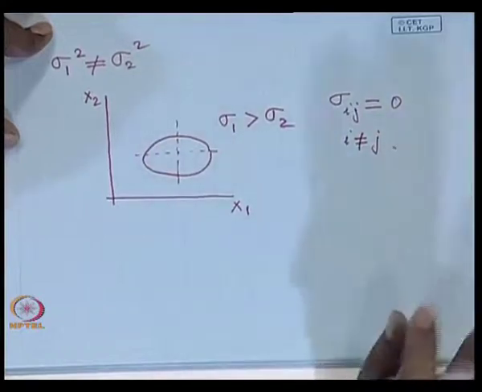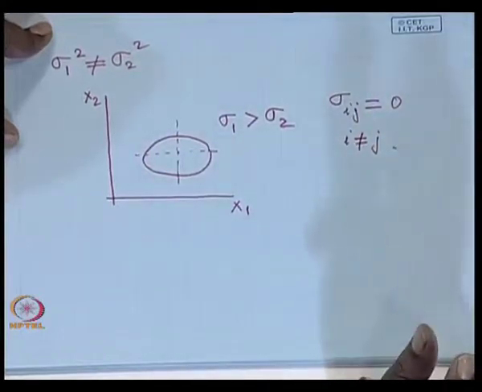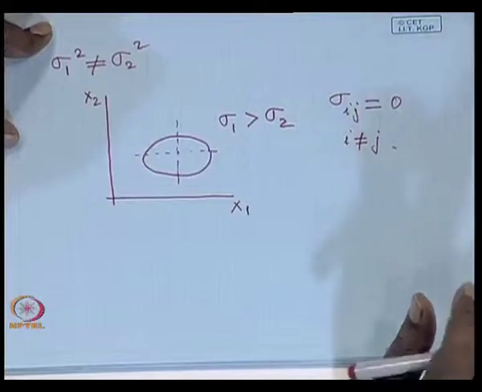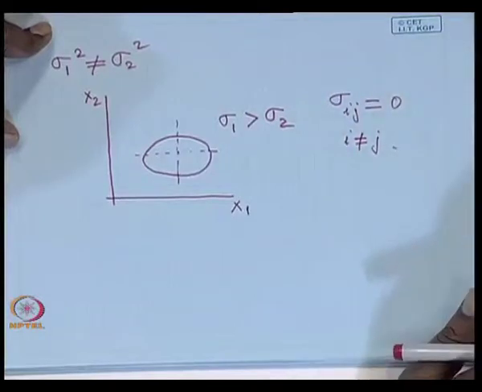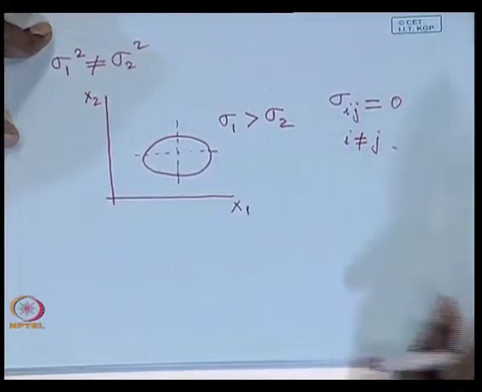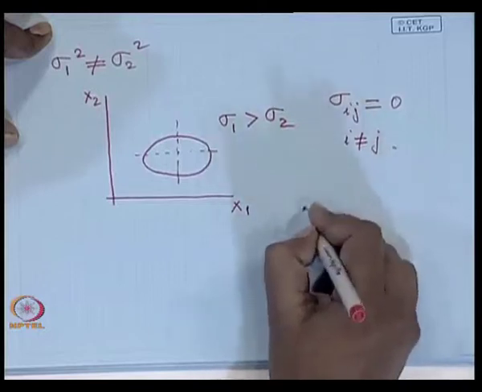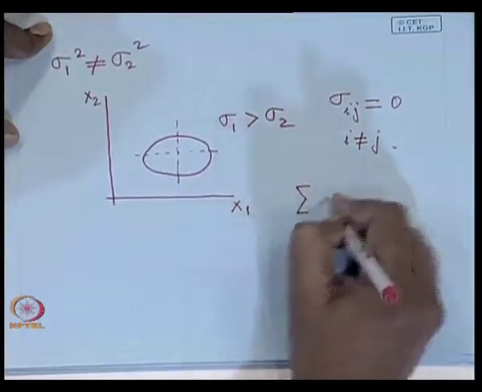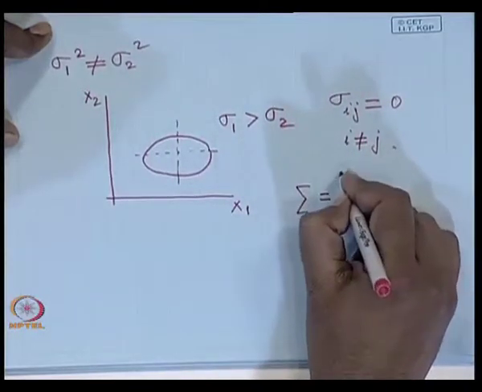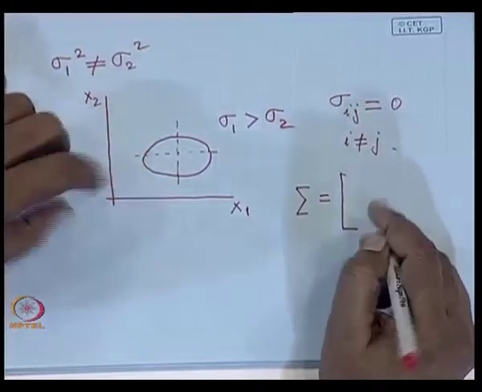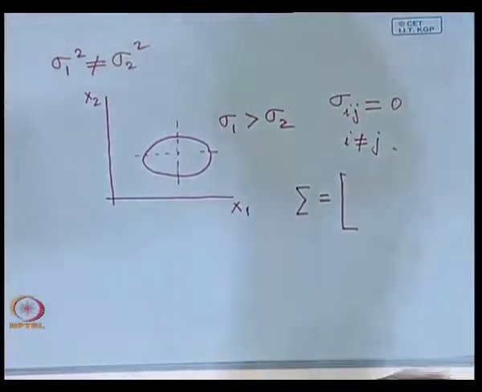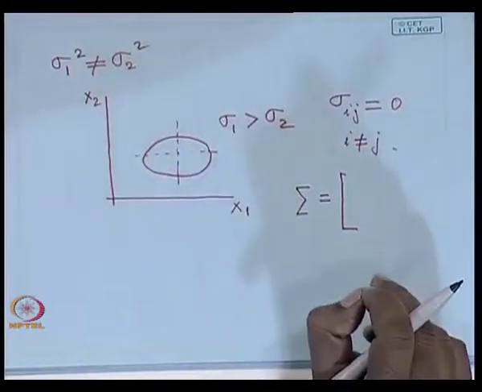What happens if sigma i j is not equal to 0? That means the components of the feature vectors are not statistically independent. Over there I will have my covariance matrix sigma. In the earlier case, the covariance matrix is a diagonal matrix, where only the diagonal elements are non-zero and all the off diagonal elements are zeros.